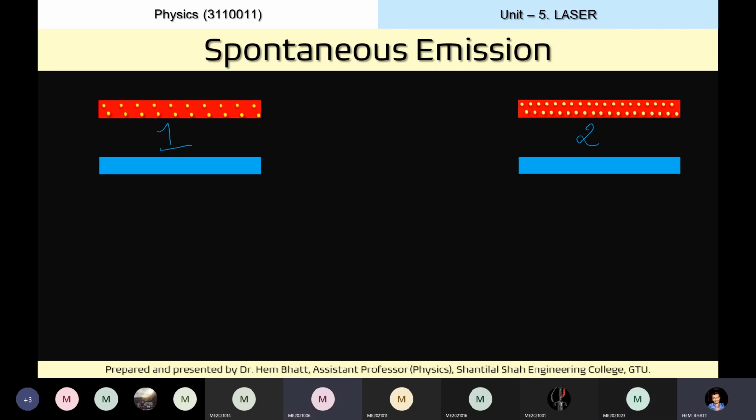There are more electrons in the excited state, so more will come down and give more photons. When these electrons fall down, they produce photons, so the number of photons will be more.